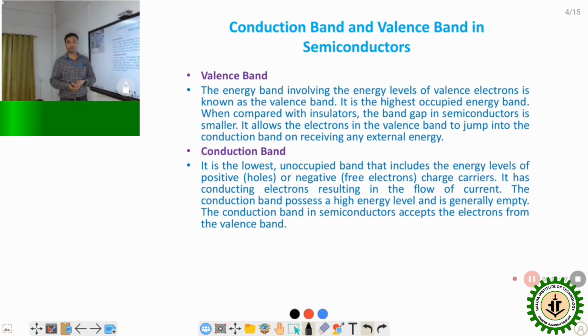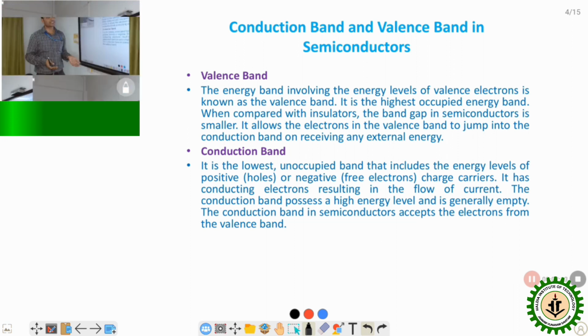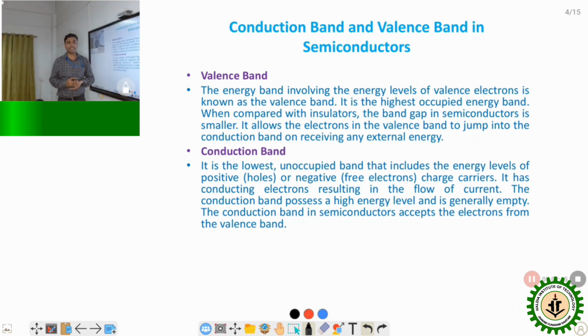Before we go through the band diagram, first of all we have to know the valence band, conduction band and band gap. As we know from the atomic structure, the electrons in the last orbit are called valence electrons, and this energy level is known as the valence band. The conduction band is the next higher energy level, which is basically an empty state.